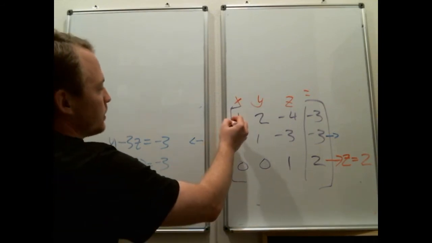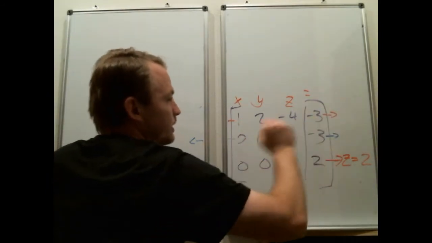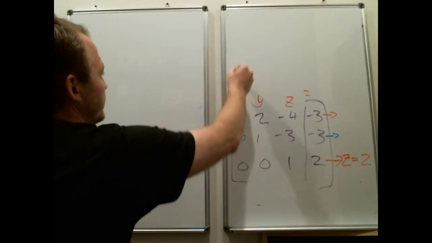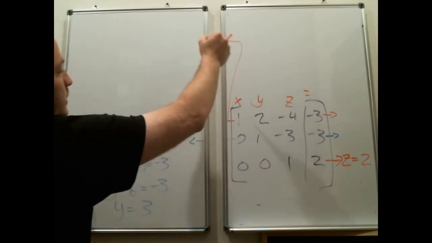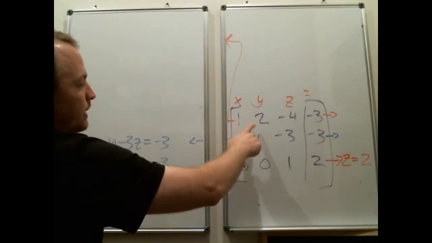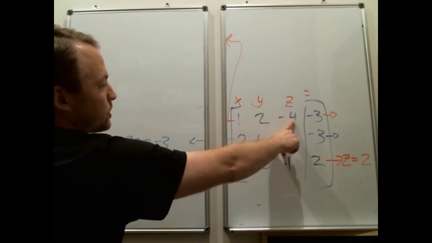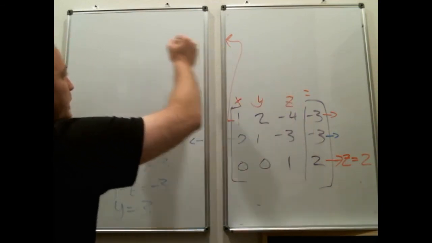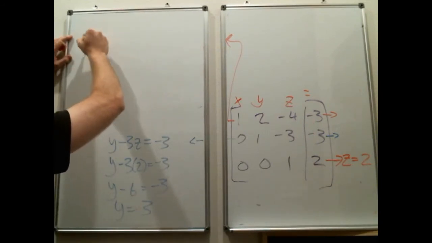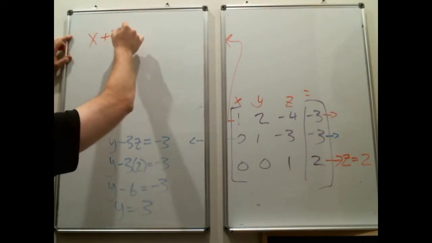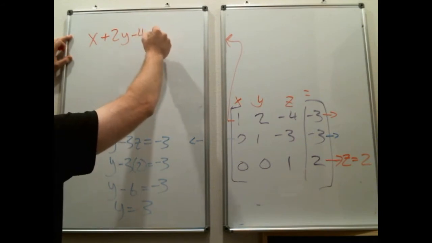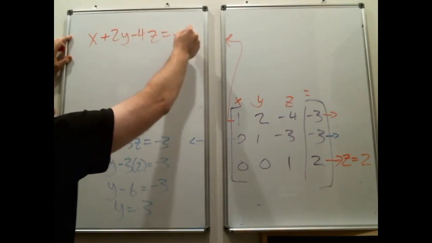Now you take this row, and again, normally I come out this way because it just makes more sense. So this is telling you you have 1x, 2 y's, minus 4 z's is equal to negative 3. So 1x plus 2y minus 4z is equal to minus 3.